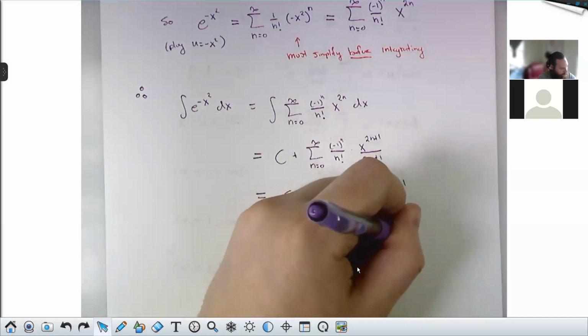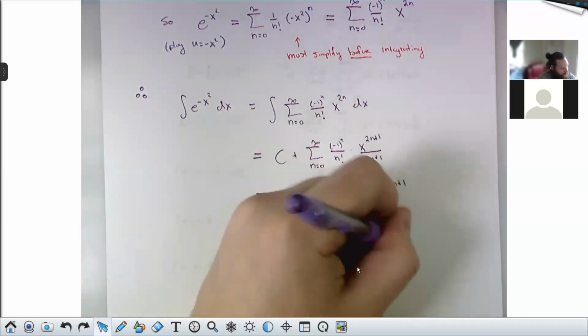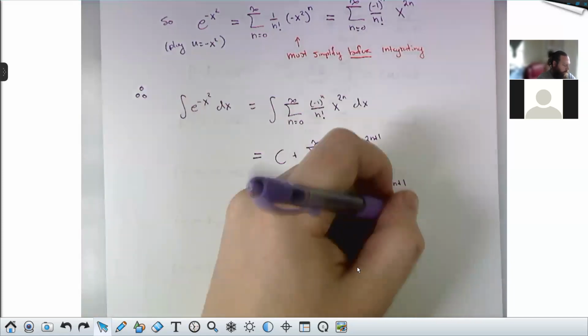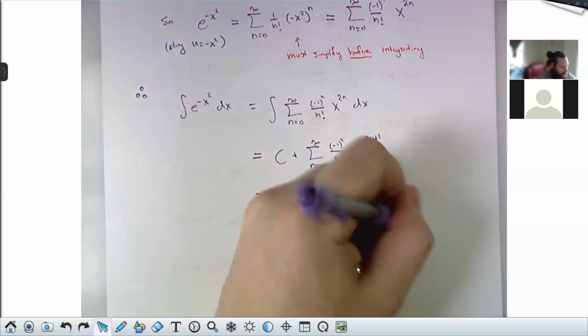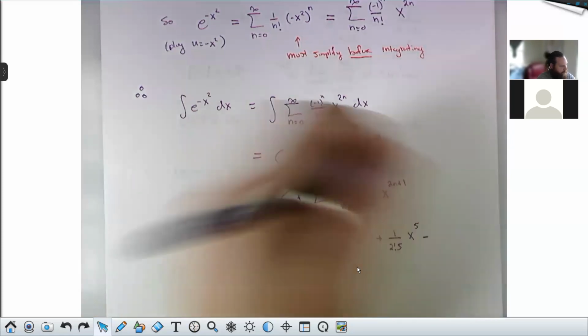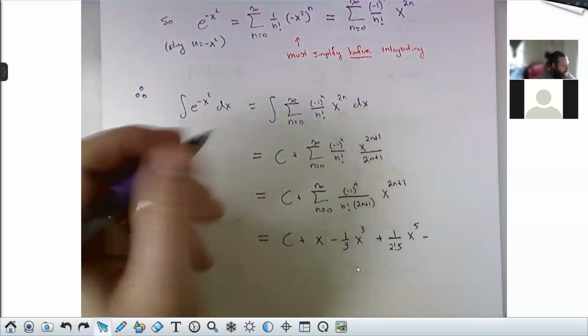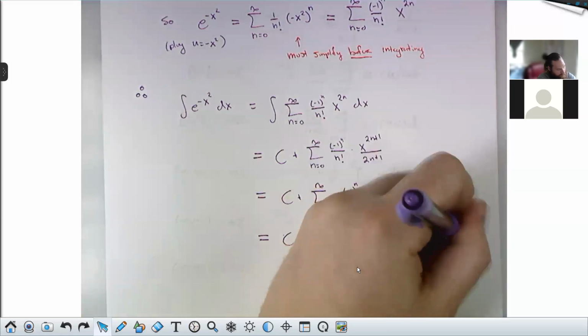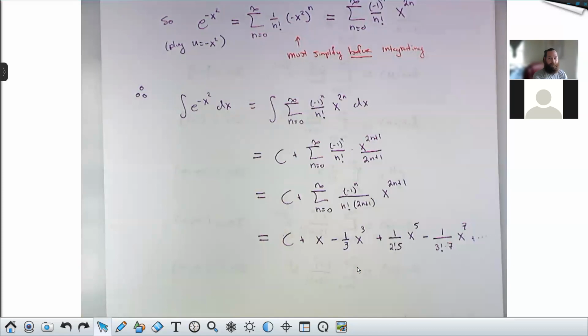This is plus 1 over 2 factorial times 5. Now 2 factorial is 2, so you could write this as 10 if you wanted, times x to the 5. And the next term would be minus 1 over 3 factorial times 7 times x to the 7, and it goes on like that.